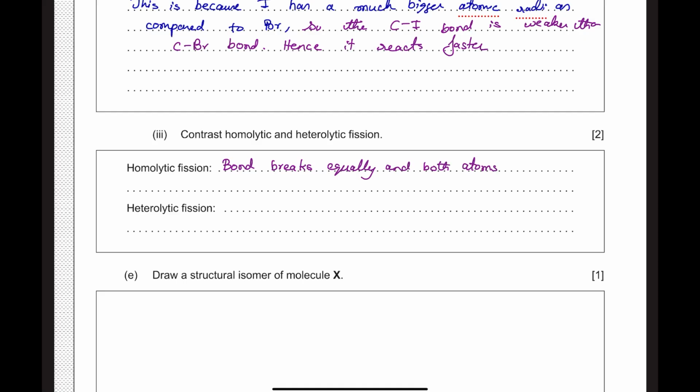For heterolytic fission, the bond breaks unequally, and one atom would receive both the bonding electrons.